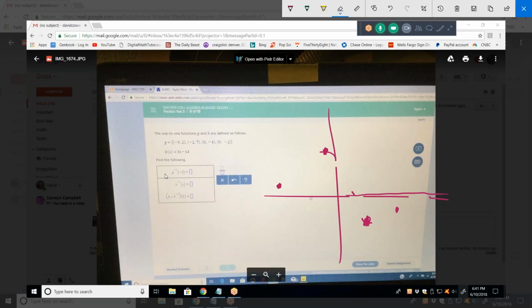In other words, normally if they said g of 2, we would look for 2 on the x-axis and figure out the y value, right? But when they say g inverse of -2, you flip the x and y values. So now we're looking for a y value of -2, and they want to know the x value associated with that point. So 9 is correct there.